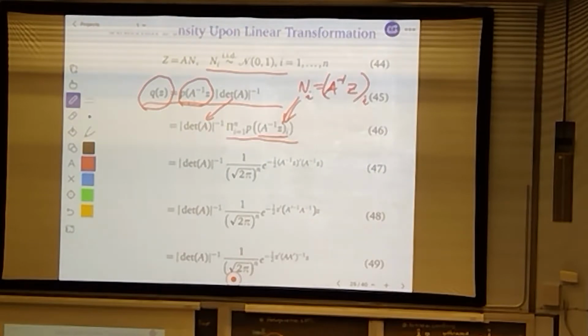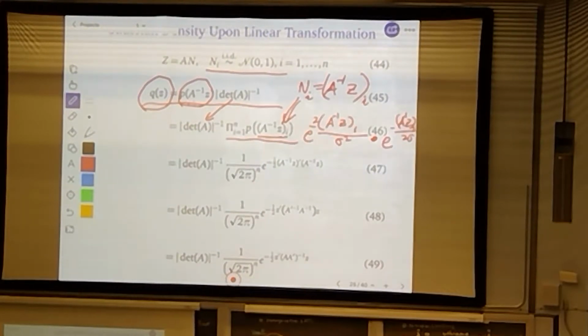And now, each ni is just a scalar, a one-dimensional variable. It's just a simple Gaussian. So essentially you have A inverse Z1, some Gaussian function, right? Some e to the minus over 2 sigma squared, plus the dot product, multiplied by another one, A inverse Z2 over 2 sigma squared.